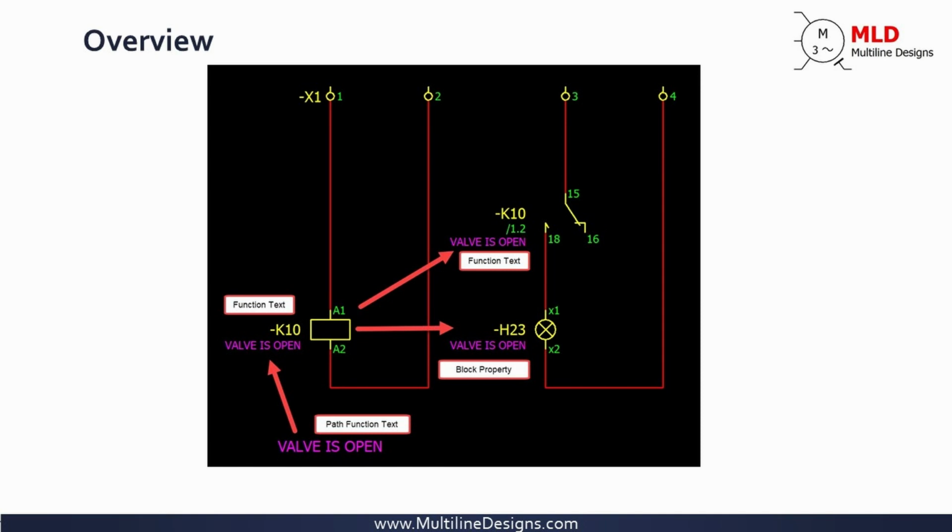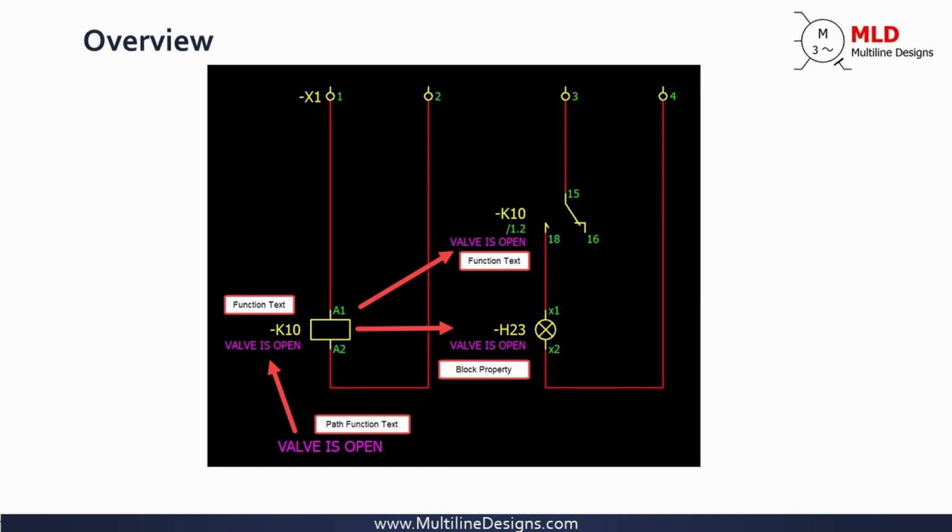We're going to enter that text once, and then these various symbols are going to automatically display that information, right? So the coil here is going to inherit it and display it. The coil contact over here is going to inherit it and display it.